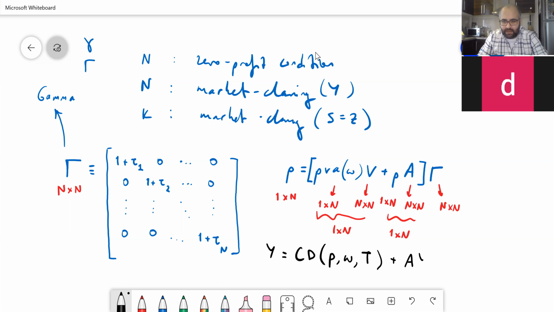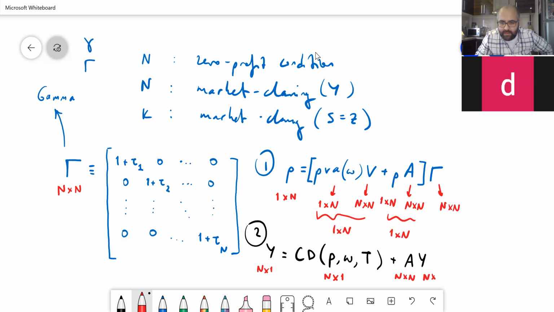So it was like this, right? Let me check. Yes. So the blue one was, let's say, the first one. The black one is the second one. And again, you must be careful with the dimensions. Again, this is n by 1, this is n by n, and this is n by 1. So this thing is n by 1.